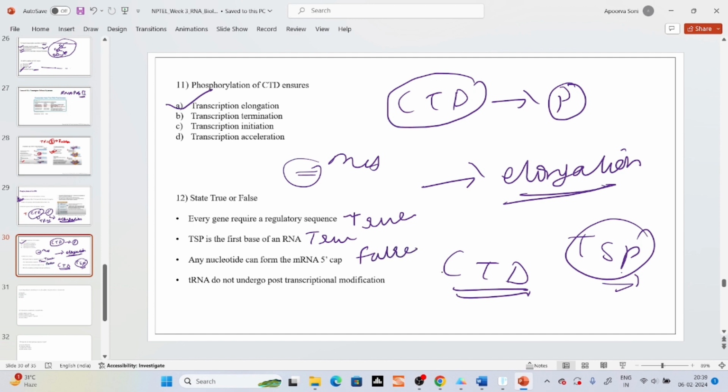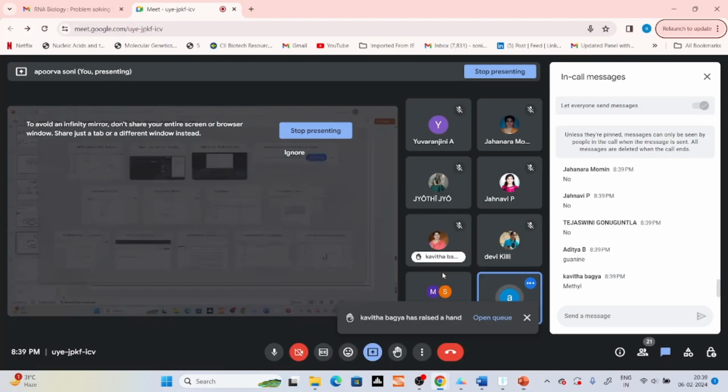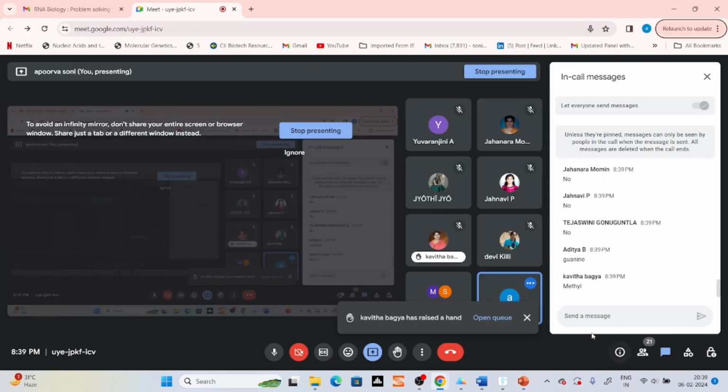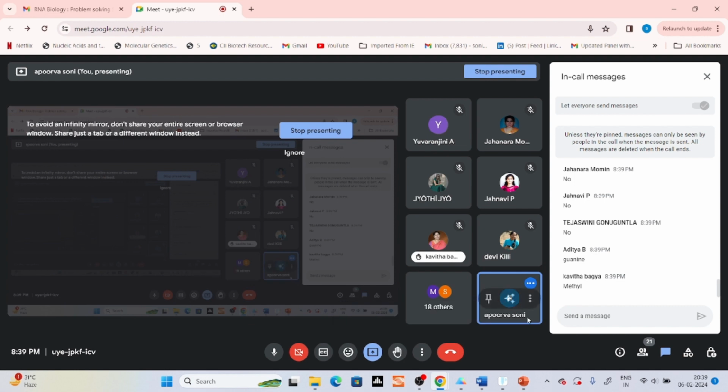Then, tRNA do not undergo post-transcriptional modification. True or false? Does tRNA undergo any post-transcriptional modifications?